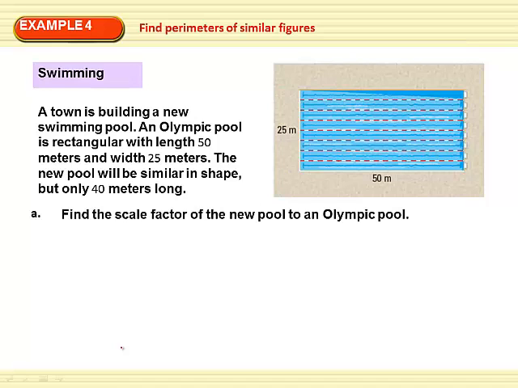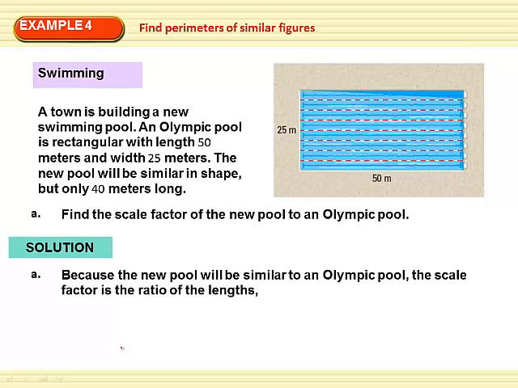First, find the scale factor of the new pool to an Olympic pool. You have to take a corresponding side length to another corresponding side length. Because the new pool will be similar to an Olympic pool, the scale factor is going to be the ratio of lengths, which would be the length 40 meters to the length 50 meters.